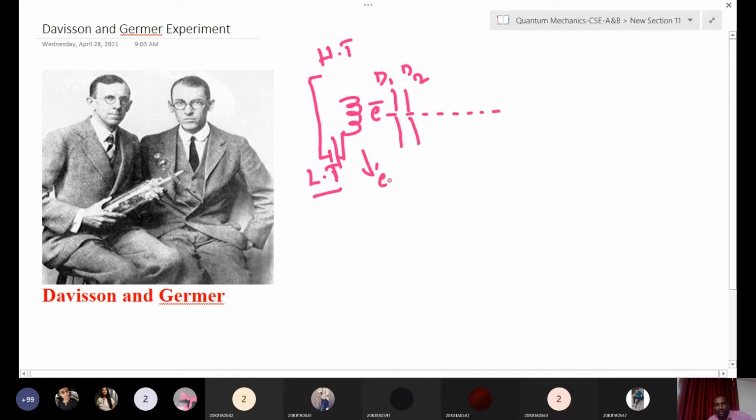This setup we call an electron gun, because it is emitting electrons.